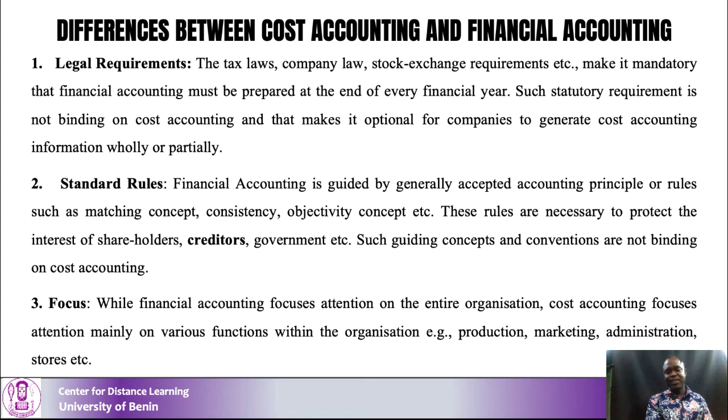While on the other hand, cost accounting is focused on different units within the organization, and the essence of focus is detail. Unlike financial accounting that looks at the summary of the transactions, cost accounting looks at detailed information emanating from each of the cost centers or units in the organization.